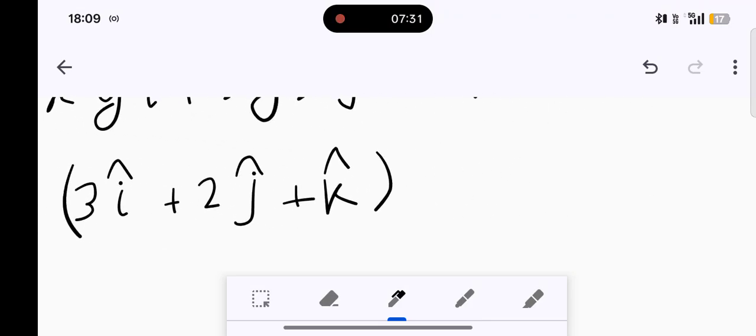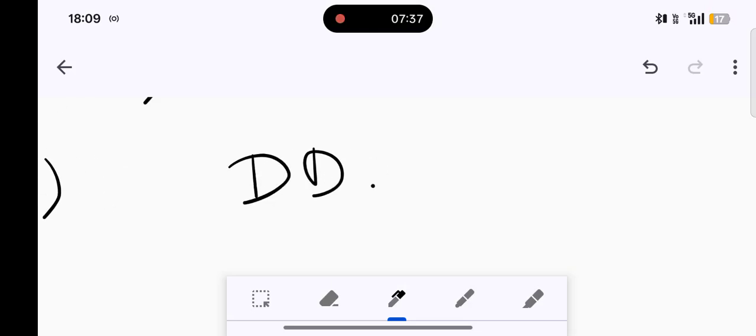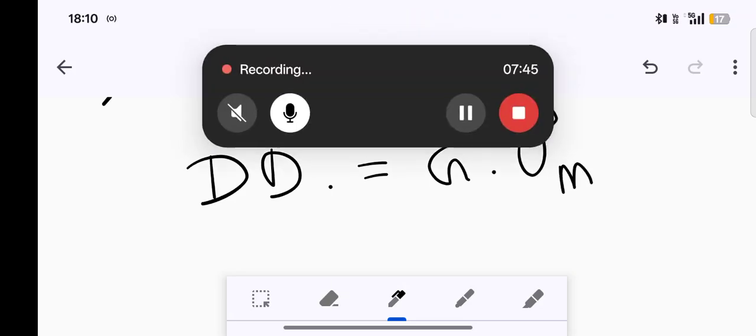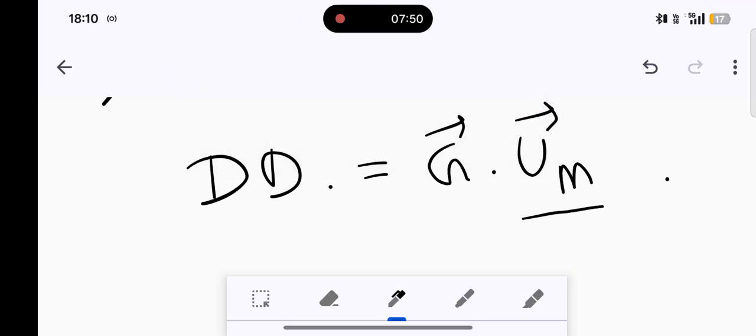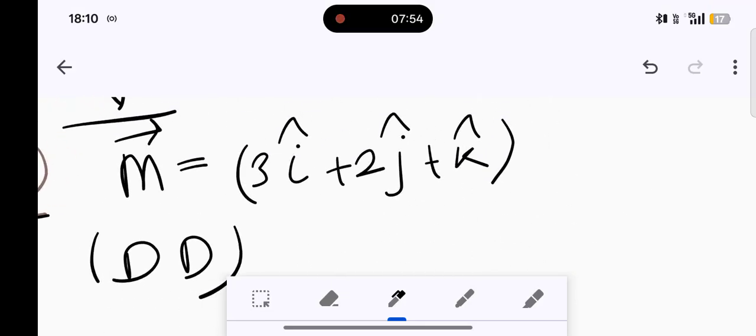We need to find out the directional derivative now, the dd. How can we find it? It's very simple. We just need to do a simple dot product with the unit vector. We need to find the unit vector along m, and m is given like this, right?